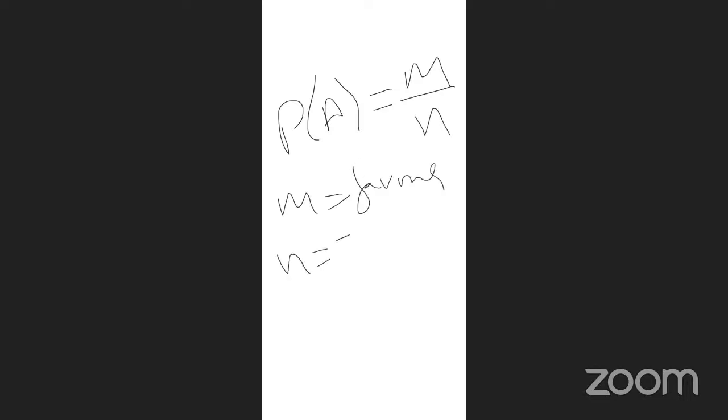We always denote it as probability of A is equal to M divided by N, where M is the favorable chances and N is the total number of events or cases which is to be taken. This is the formula usually applied under the classical approach.